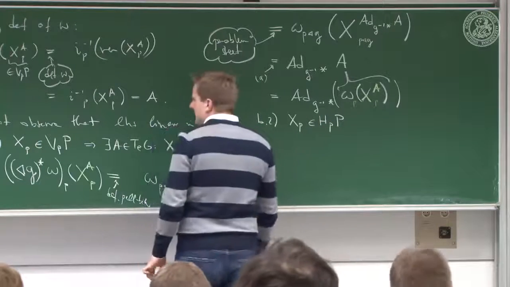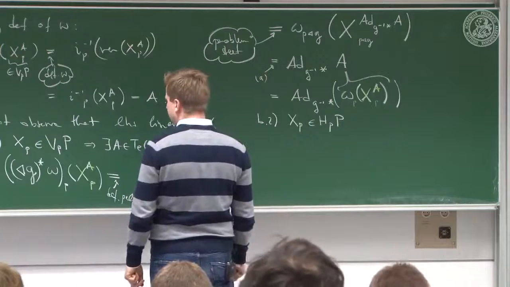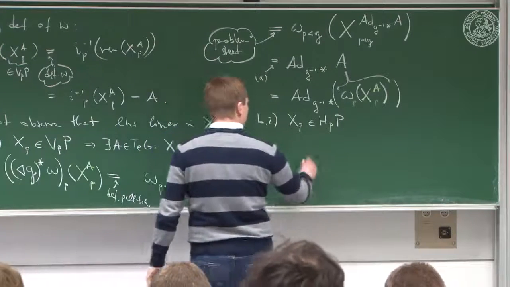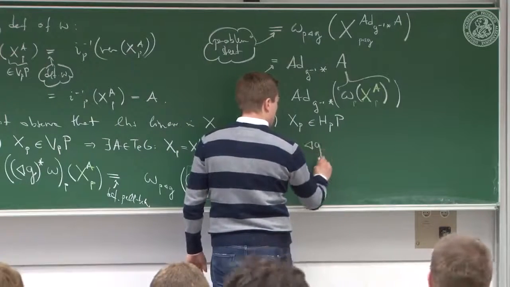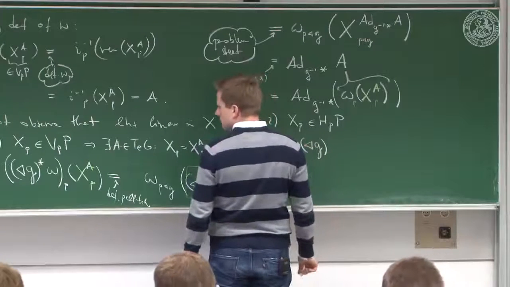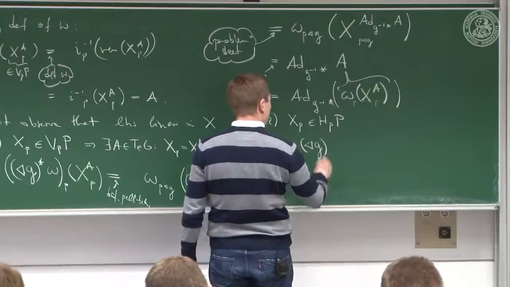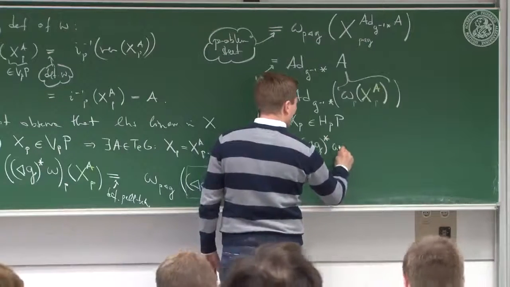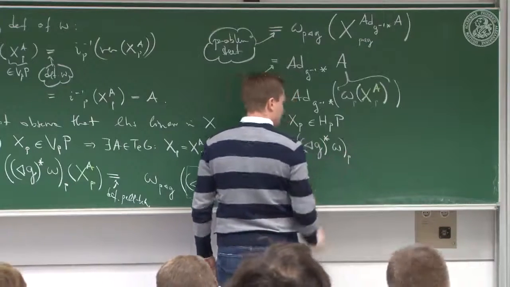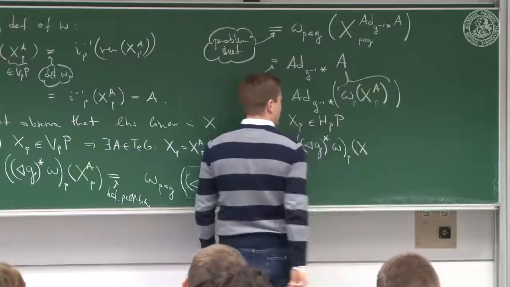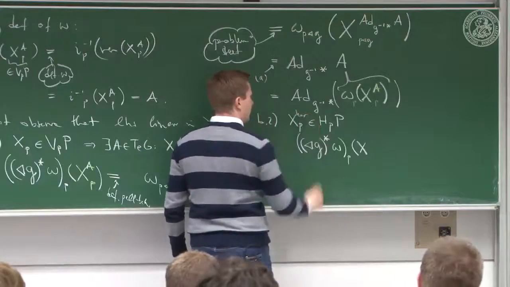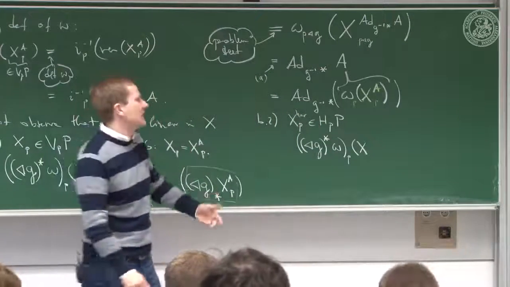Now we look at the same thing again. We study the pullback of omega at the point P, but now we apply it to this guy, so I call this X hor to emphasize it's horizontal.